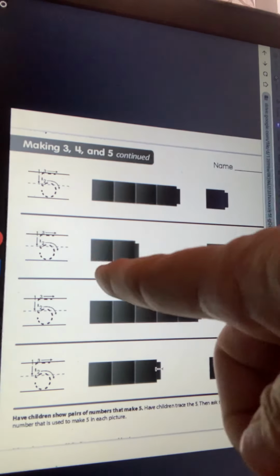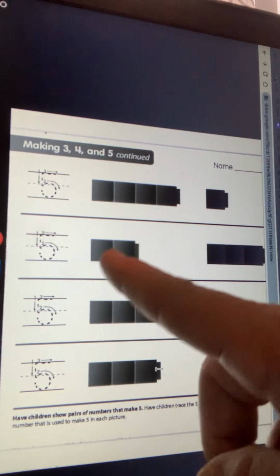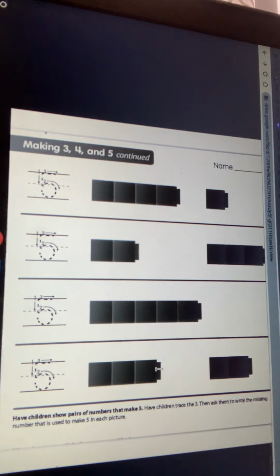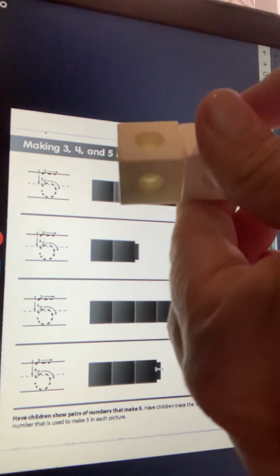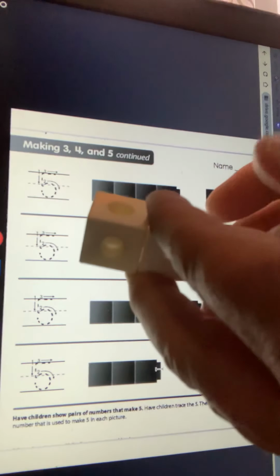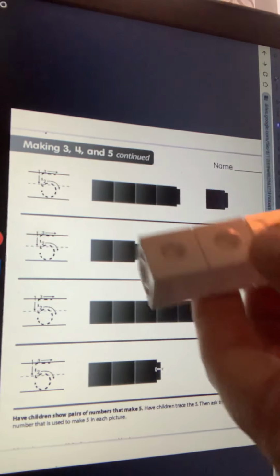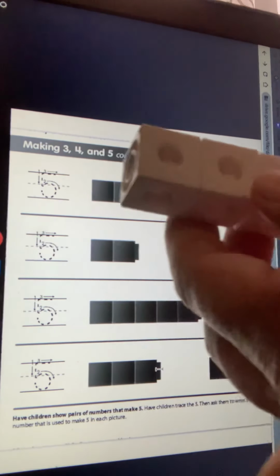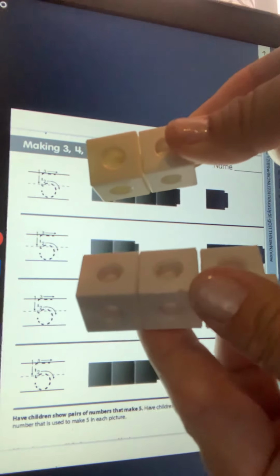Let's count and see how many, because we count to know how many. So that is 1, 2. So I can count my blocks. 1, 2. And how many do I have left over? 1, 2, 3. Just like on this worksheet. 1, 2, 3. So I know that 2 and 3 is 5.